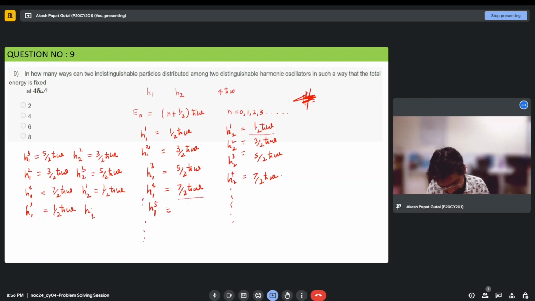H2 at 4 is 7/2 ħω. And we need to distribute 2 particles in the same.